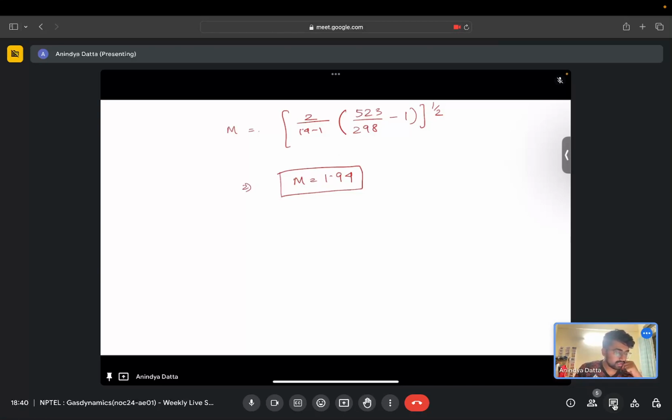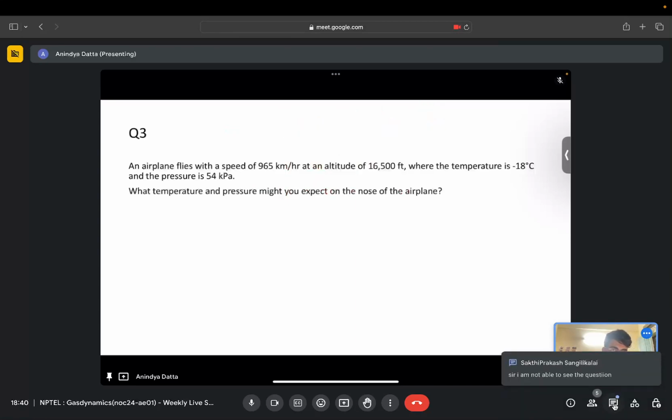Question 3. An airplane flies with a speed of 965 km per hour at an altitude of 16,500 feet, where the temperature is minus 18 degrees centigrade and the pressure is 54 kilopascal. So again, I will read it again.